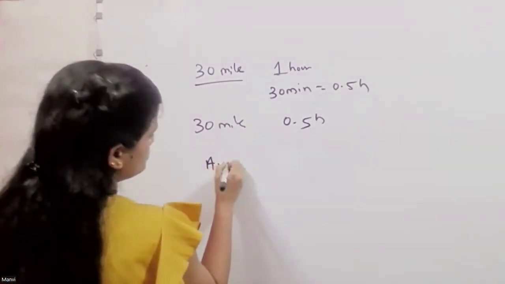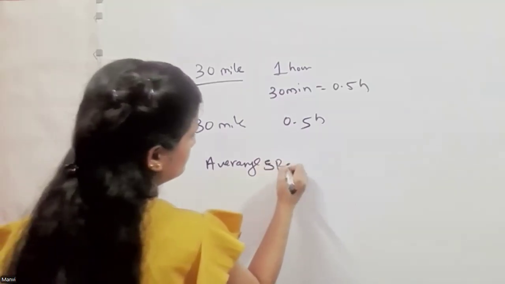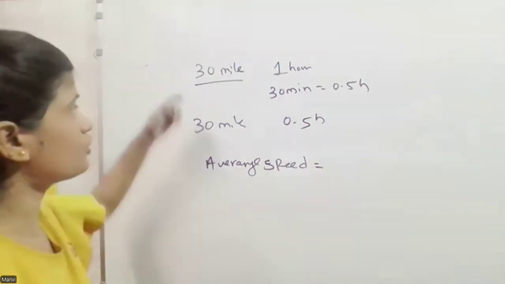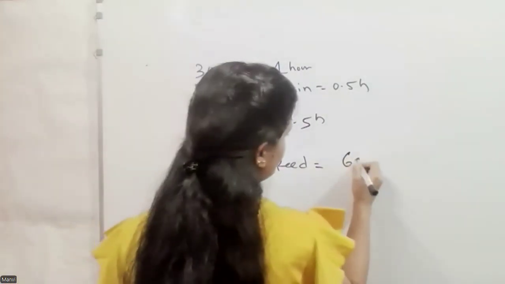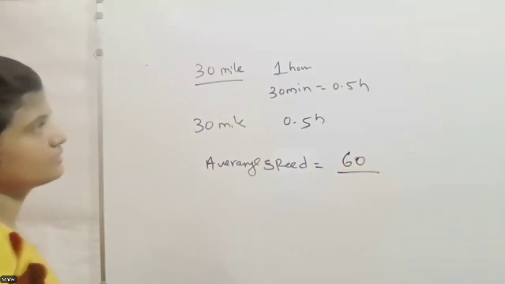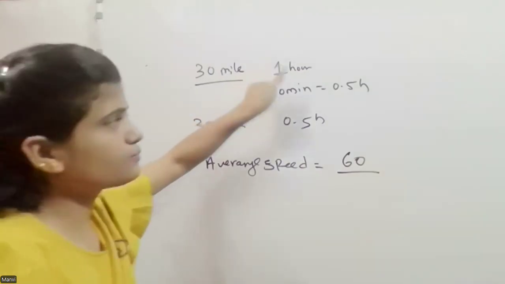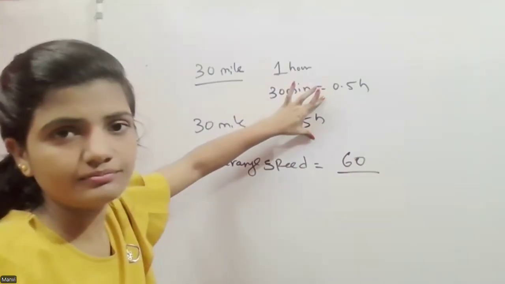So average speed is what? Total distance, which is what? 30 plus 30, 60. And total time, 1 hour plus 0.5 plus 0.5 means 1 plus this 2 also make 1.